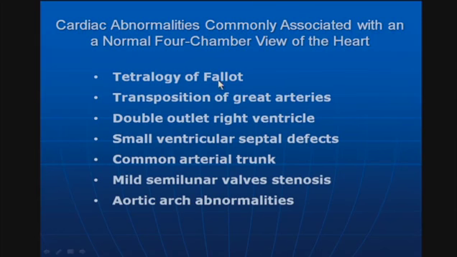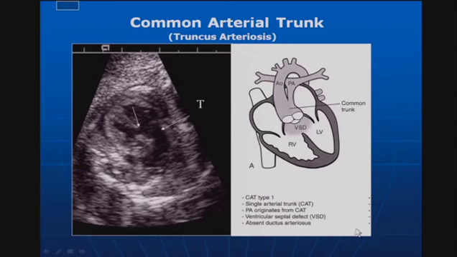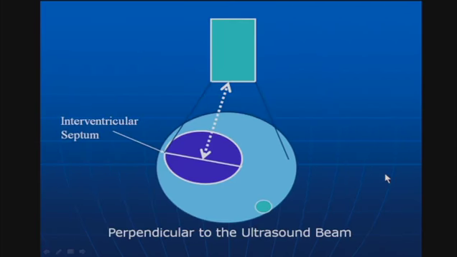So some of these, like tetralogy of Fallot, double outlet of the right ventricle, certainly will have a VSD. Transposition, sometimes some of these can be picked up, such as a common arterial trunk. They almost always have a VSD. So some of these can be picked up on a four-chamber view of the heart, where you see this truncus arteriosus, or this common trunk, with a very large VSD in this case.